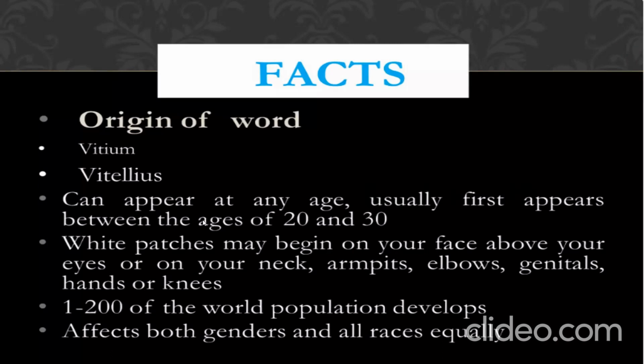It usually first appears between the ages of 20 and 30, but it can appear at any age. White patches may begin on the face, above the eyes, on the neck, armpits, elbows, genitals, hands, or knees. One in 200 of the world population develops vitiligo, and it affects both genders and all races equally.